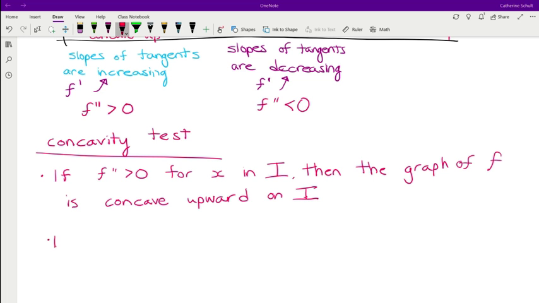And now if the double derivative is negative, we're concave down.